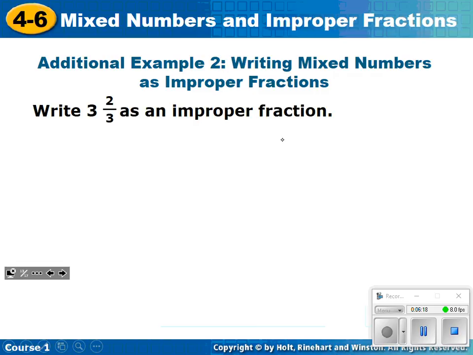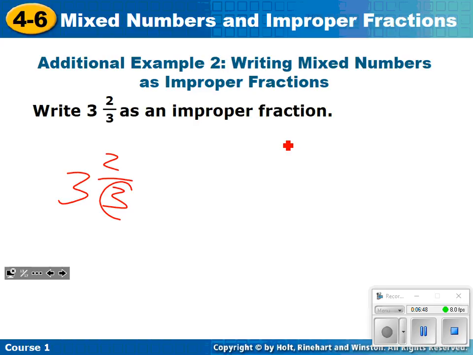Now we're going to go back the other way. We need to make the mixed number an improper fraction. Cody? Okay. This is slightly more complicated. You're right. Multiply the denominator. You start at the bottom. You start here. We got 3 2/3.